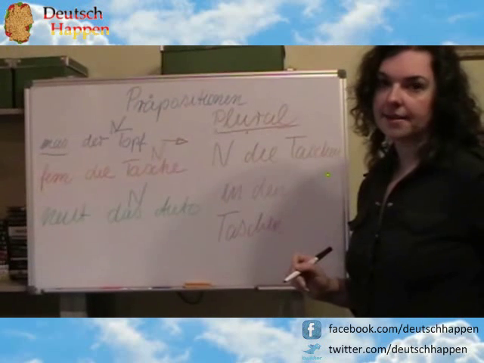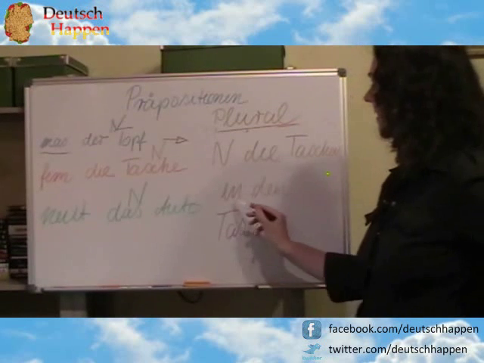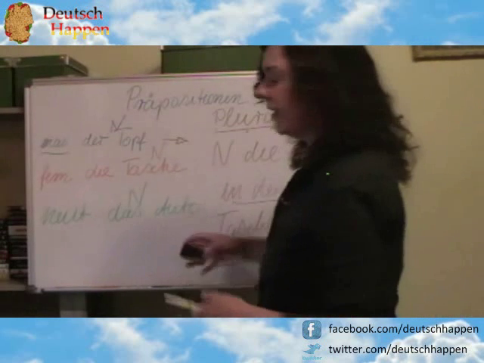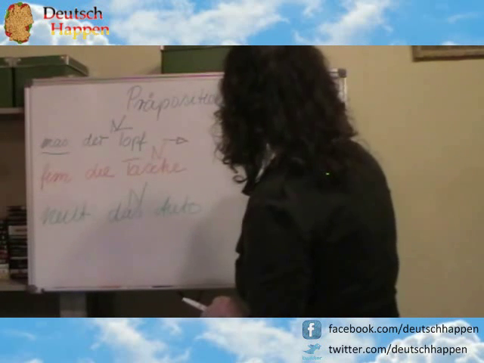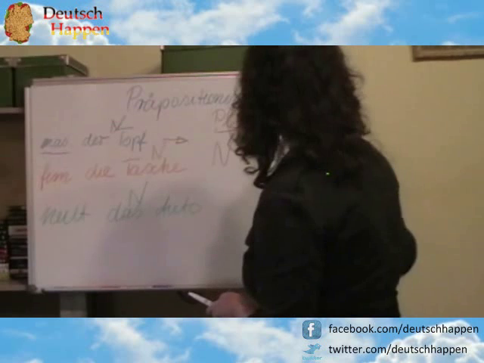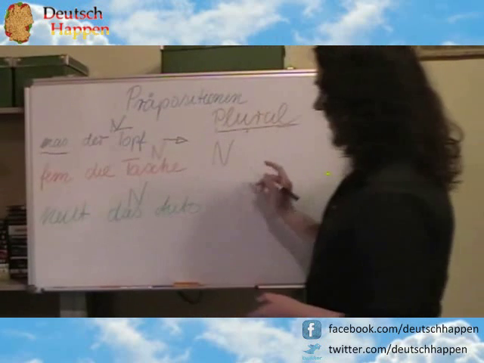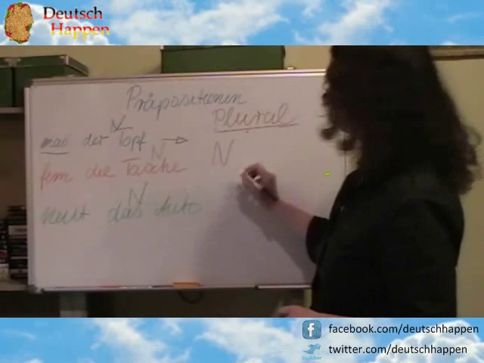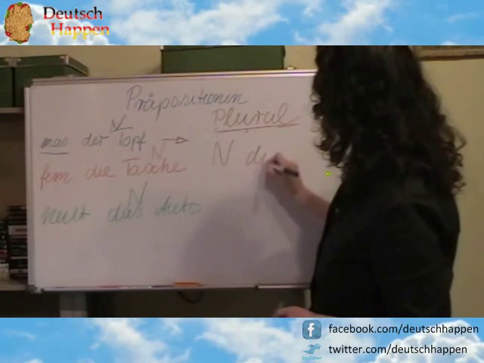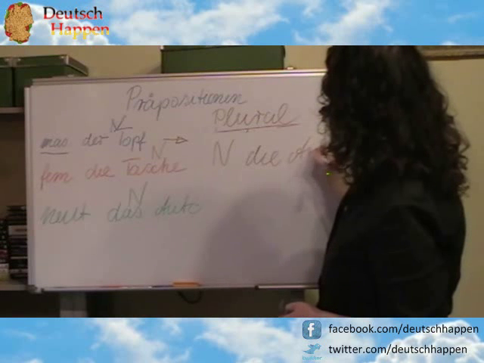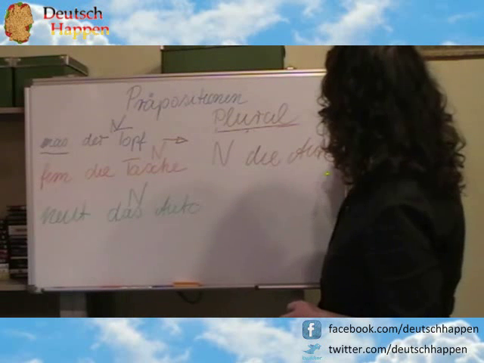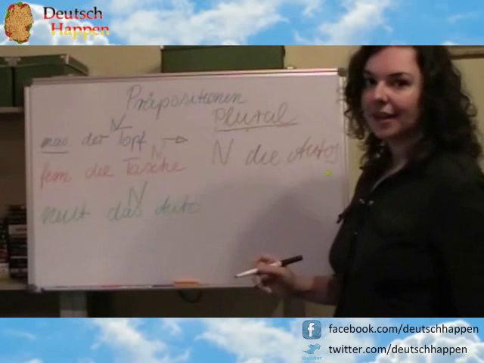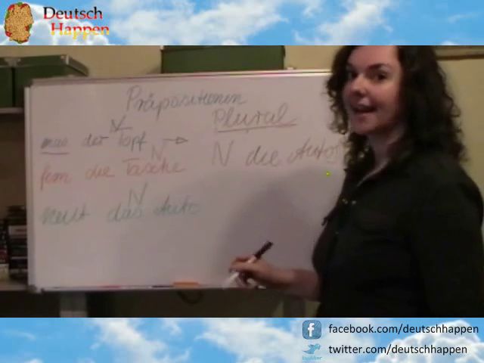Exactly the same like masculine. In den. That's the important part. And finally, neutral. Das Auto. Nominative, plural, neutral. Die Autos. And I think you know it already, in den Autos.